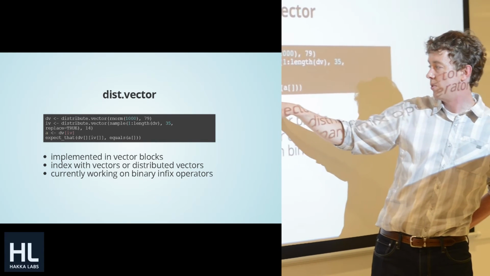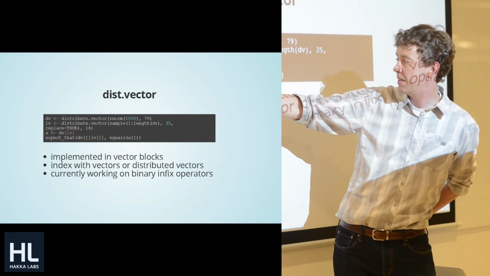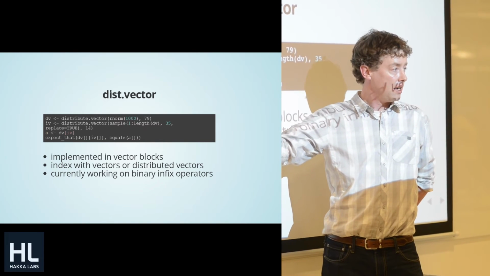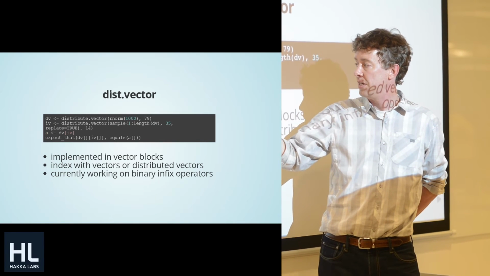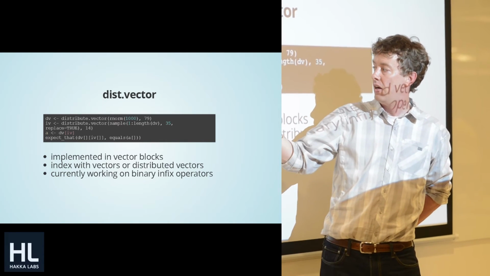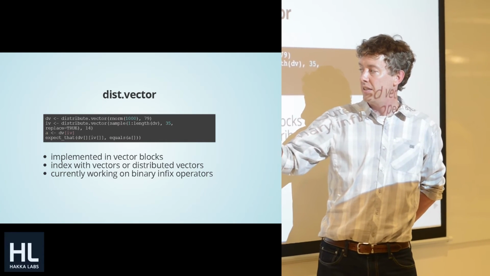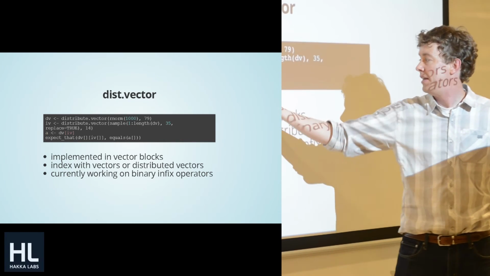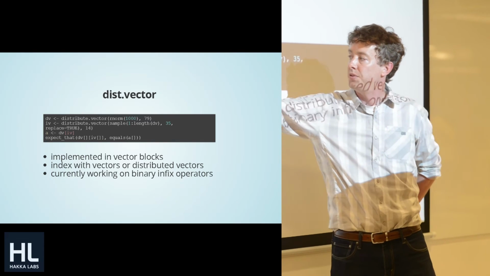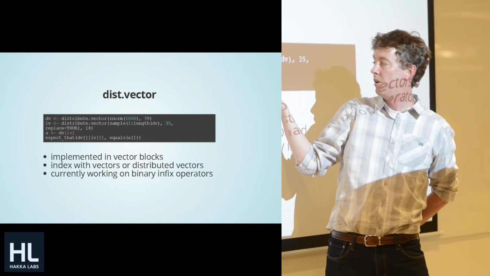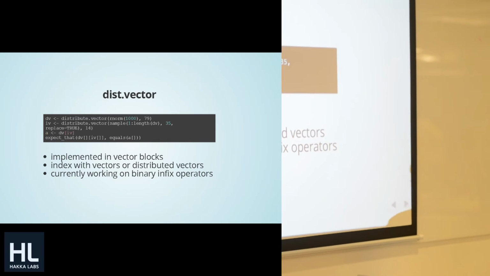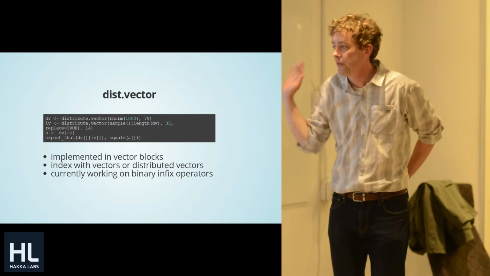I can check that this works by merging DV onto the local machine, merging IV onto the local machine, indexing local DV with local IV, and then making sure that it's equal to this expression that I had before, merged onto the local machine. So that's basically how I've been testing it.